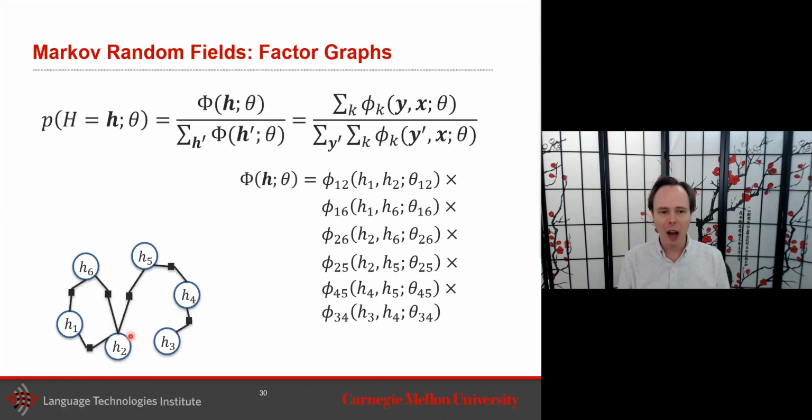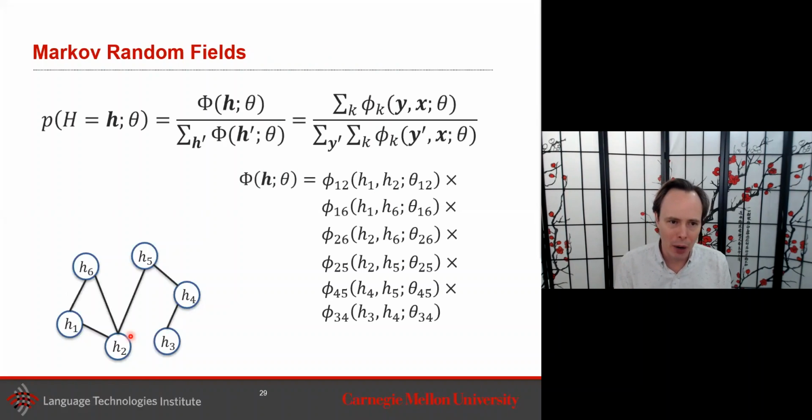This is called a Markov random field, and this is the representation that you will have for these potential functions. I want to introduce one thing here that's really interesting. What I'm representing here is that every possible link is pairwise.